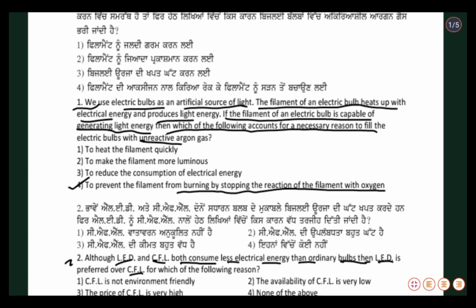So LEDs on the other hand are more eco-friendly. So the right option here will be CFL is not environment friendly. The availability of CFL is very low. The price of CFL is very high. So the right answer is CFL is not environment friendly as it is filled with mercury that harms environment.